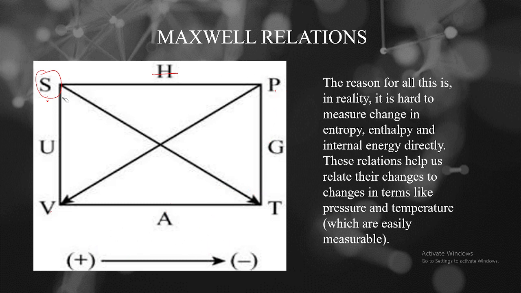So what we are saying is that wherever I'm starting from, whichever corner I'm starting from, I first move anti-clockwise until I've used all the letters at the corner. Then I move in the opposite direction. So if I'm starting with S, I'll start with del S, then I come anti-clockwise.